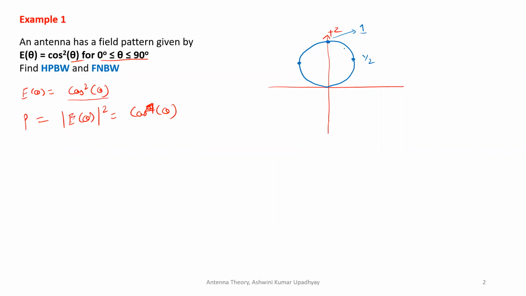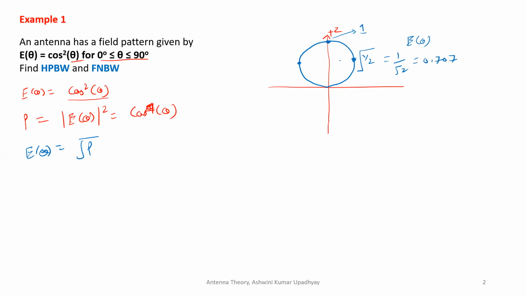But if this radiation pattern is representing the electric field pattern, then the maximum point will obviously be 1 because under root of 1 is 1. If you want to find electric field from power, it is just going to be under root of power. So this will be 1, but at the half power point, your electric field is going to be under root of 1 by 2. So it will be 1 by under root 2, which is equal to 0.707.